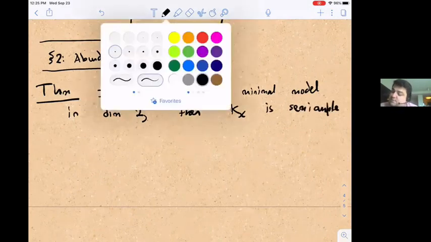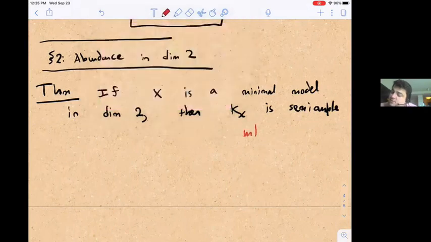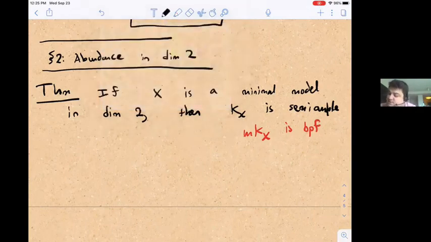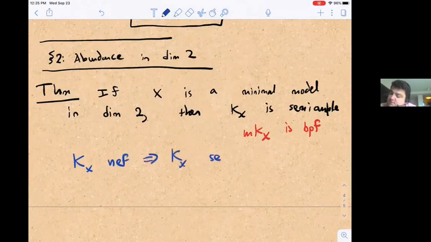So actually some multiple of the canonical is base point free. So the slogan for this theorem is that Kx nef implies Kx semi-ample.